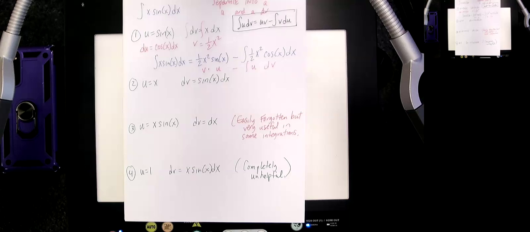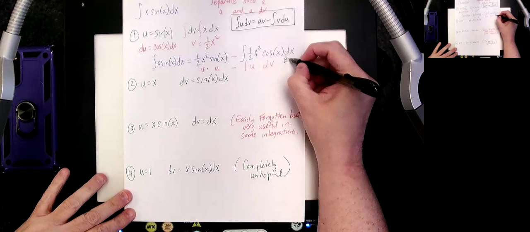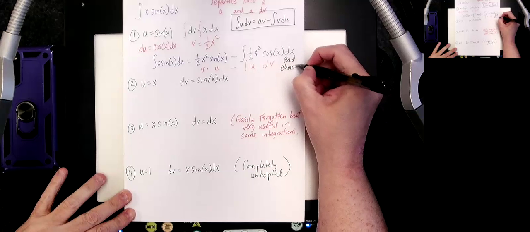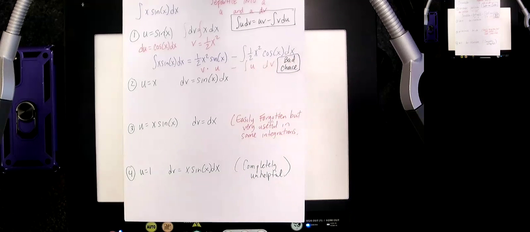Now, that looks like I have an even uglier integral to work with, right? In fact, the exponent has gotten bigger, and it looks like this is a bad choice. I would argue that this is the wrong way. So it ends up being a bad choice. But while we're walking through the ways to do them, it's worth seeing all your options.